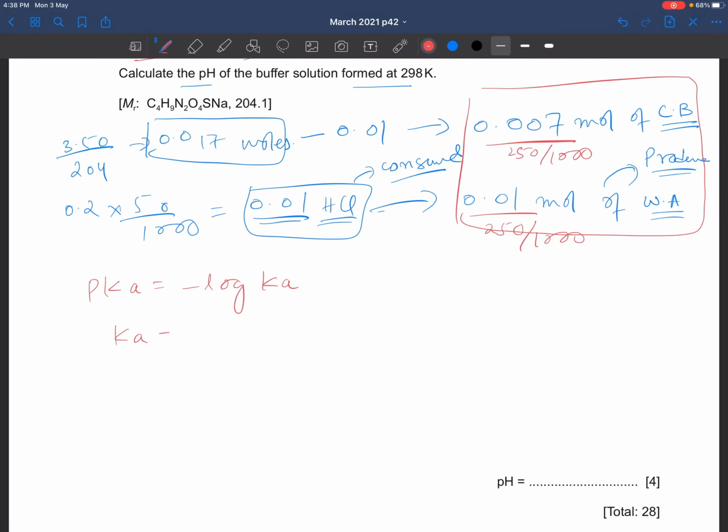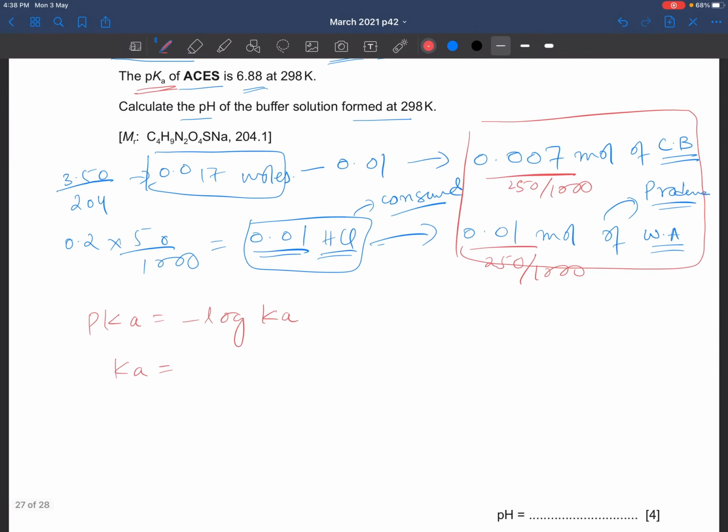So Ka value would be 10 to the power minus 6.88, taking anti-log, and the answer would be 1.318 × 10^-7.